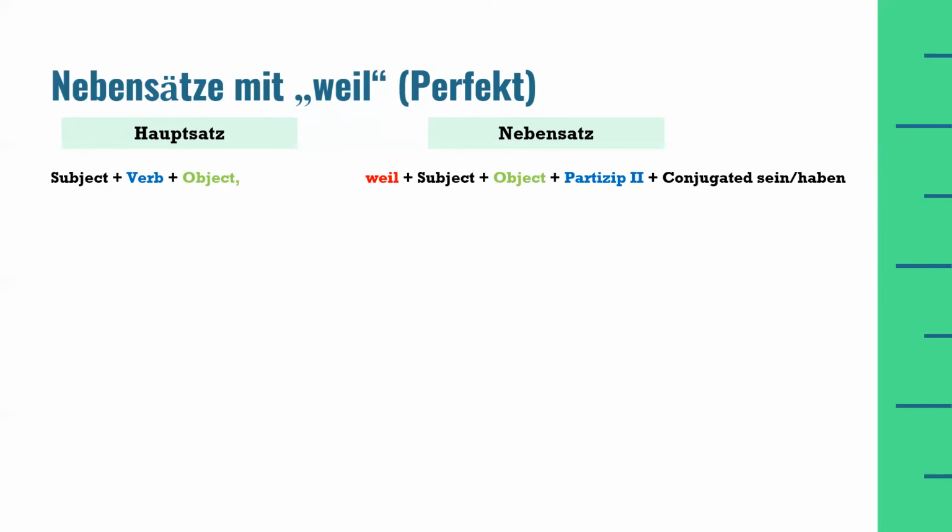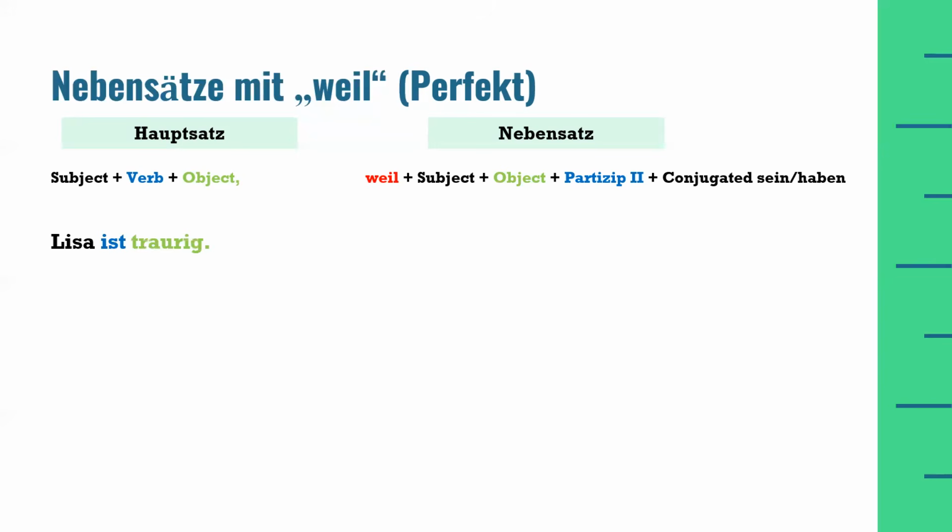And we know that in case of perfect tense, we have to conjugate sein or haben verb depending on the situation that we have learned in A1 level of German language course. And this conjugated sein or haben will come at the last position of the sentence. And this sein or haben will be conjugated according to the subject of the Nebensatz, which is at the second position of the sentence in the Nebensatz.